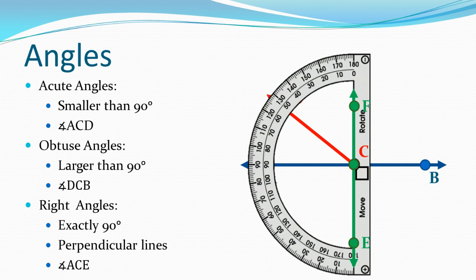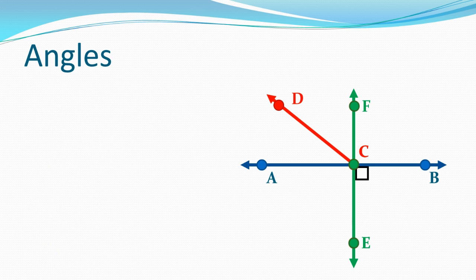I can prove that by lining up my vertex, lining up one side with 0, and counting around until I can see the other side is at 90. Sometimes they're referred to as straight angles, but a line has 180 degrees. If I measure angle ACB, I would just see that it goes from 0 all the way over to 180.